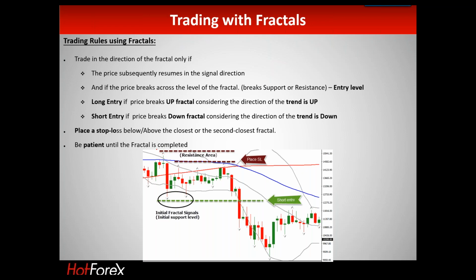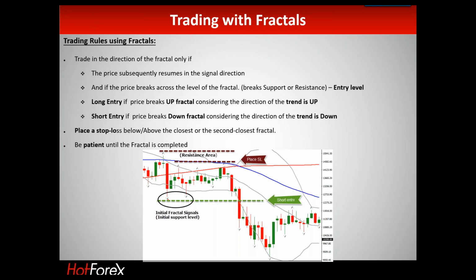Once we have seen an up fractal, we set a trend line. Then it moved lower and created an immediate support level in this area over here. But after those two bounces, it continued to range, bouncing to this area over here and down to this support area over here.